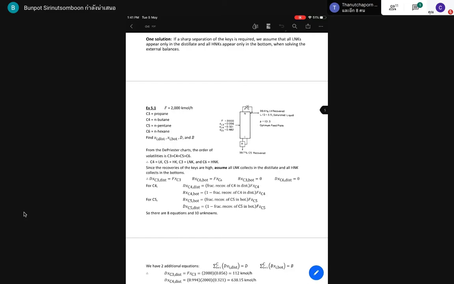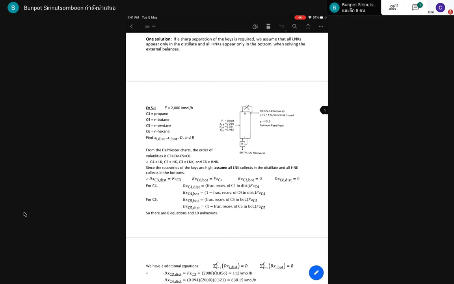In any distillation system we have two key compounds. The first is the light key, the compound that we want to leave at the top, and then we have the heavy key, the compound that will leave at the bottom.